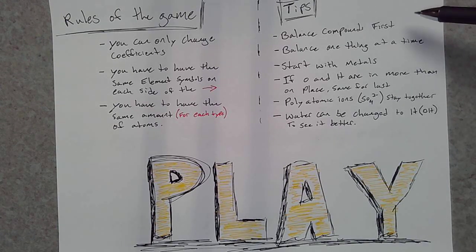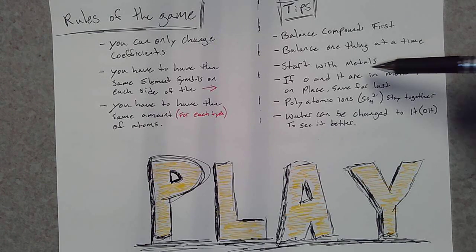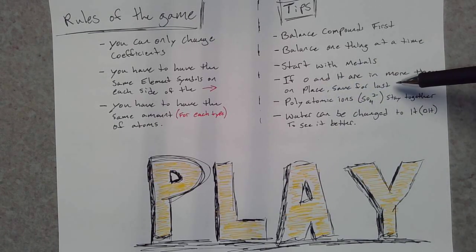And here are some tips. We're going to balance compounds first. We're going to save the things that are just one thing by themselves for last. And I'm only going to balance one thing at a time. Right? If I'm balancing oxygen, I'm going to balance oxygen on the other side. If O and H are in the same place, save them for last.